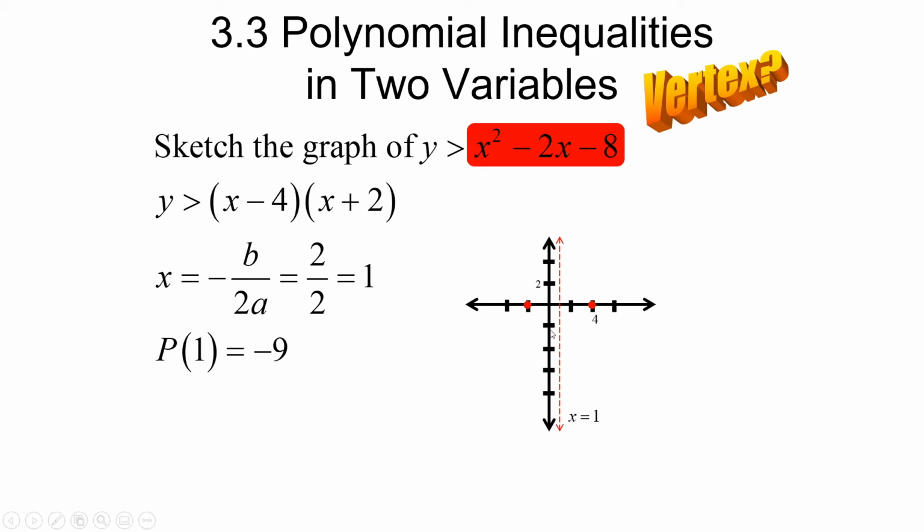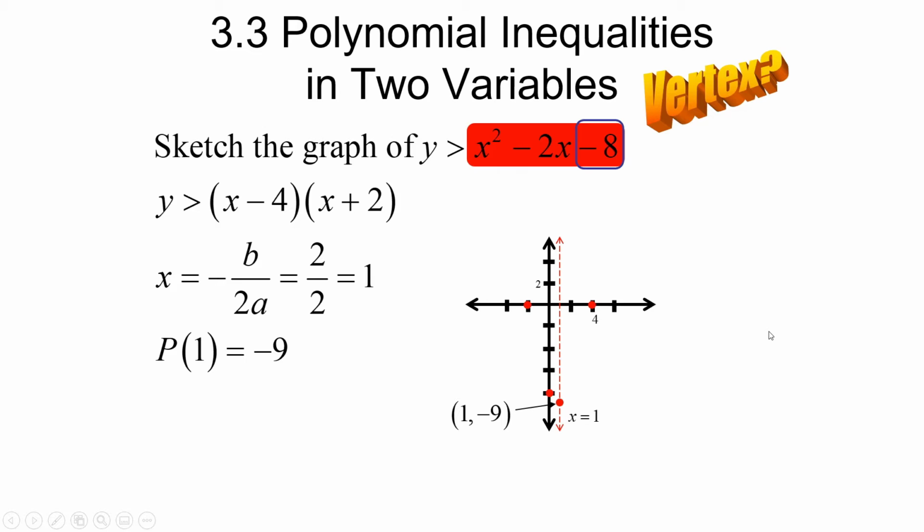Looks like I scaled the y-axis by 2's: 2, negative 4, negative 6, negative 8, so negative 9 would be right down in here. There's my point, (1, negative 9). Also, a little review of graphing quadratics: you see the negative 8? Isn't that my y-intercept? So that'd be right there.